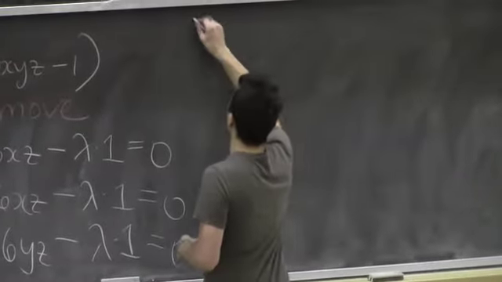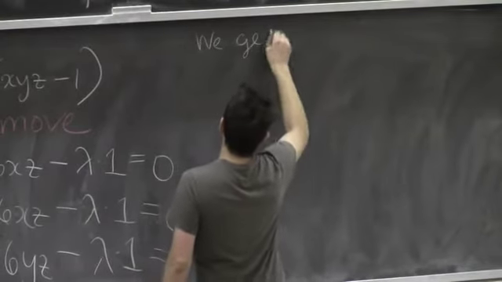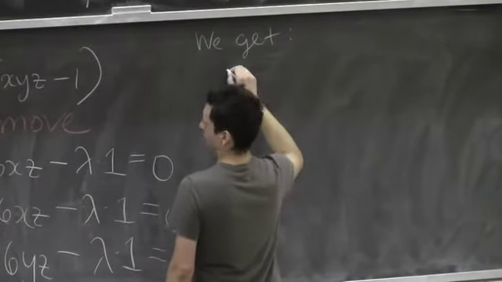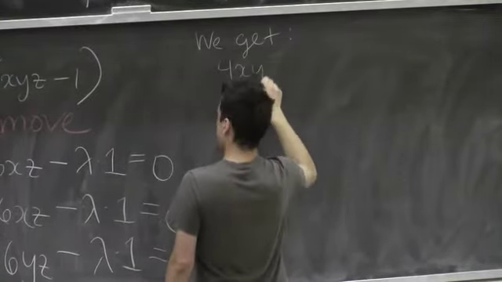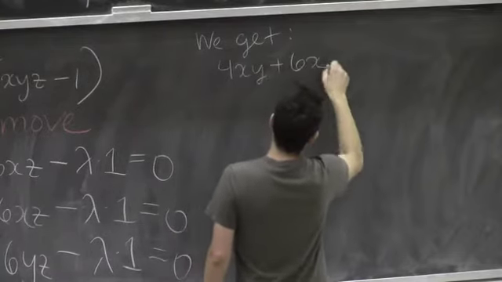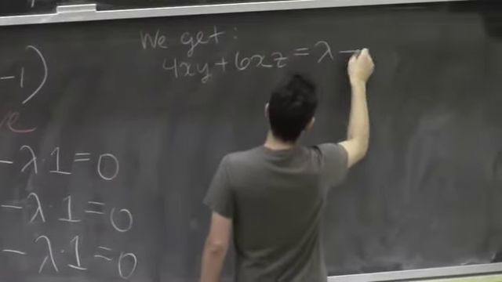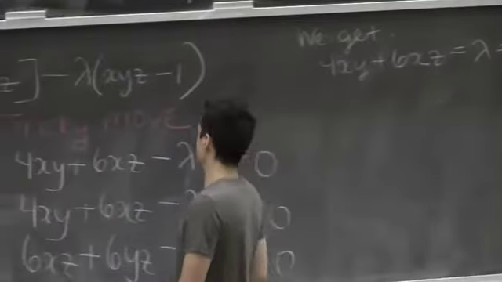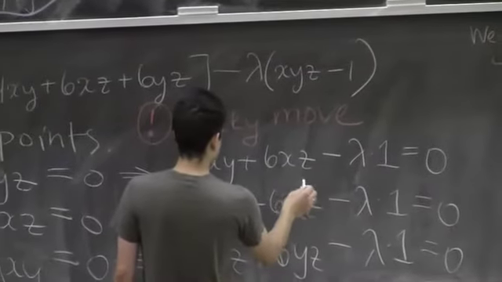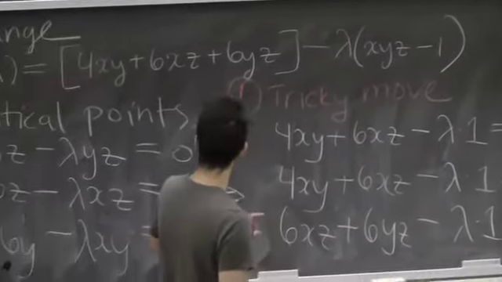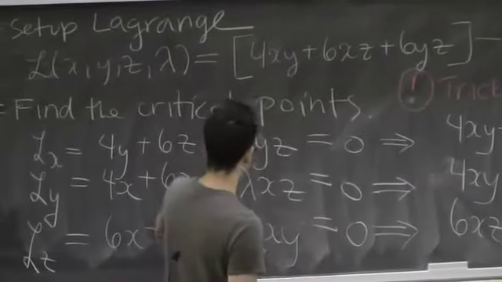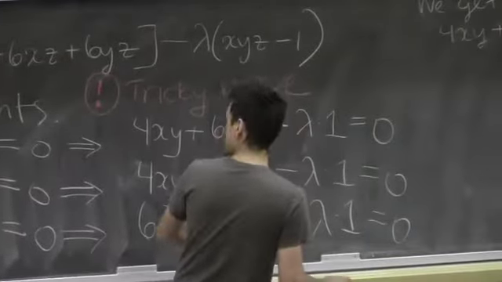Okay, so we get... Oh, some algebra went wonky here. This should be y times z.